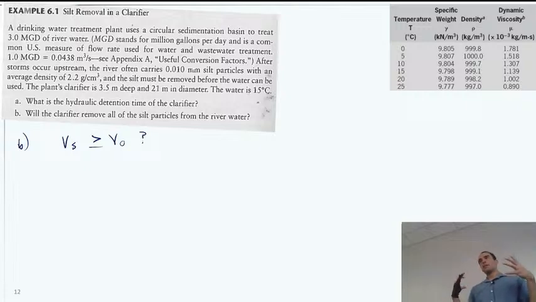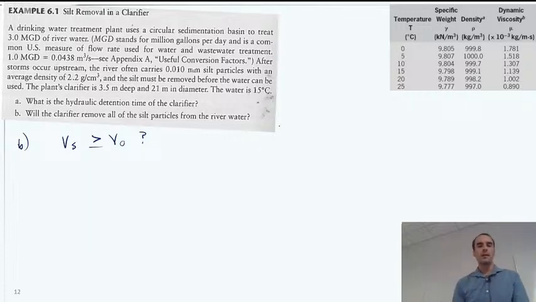That's the variable way to ask that question, which is probably a useful thing for you to do sometimes, right? Take a look at the question and see if you can write that question in equation form. Is this equal to that, right? And so that's what I've done here. Is Vs faster than the design velocity that this system is made for?